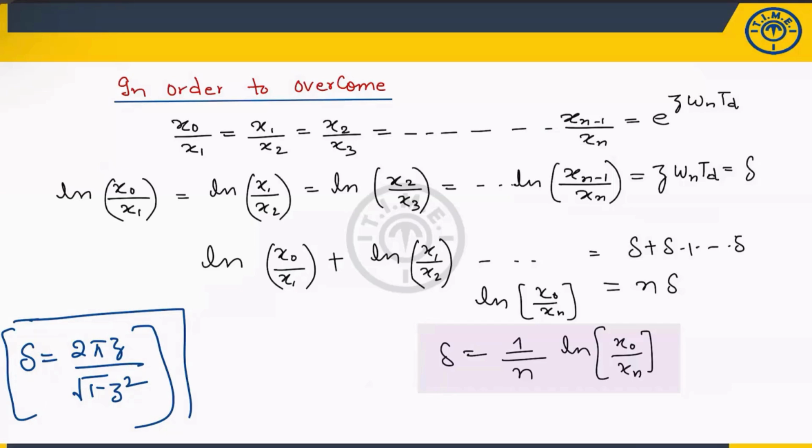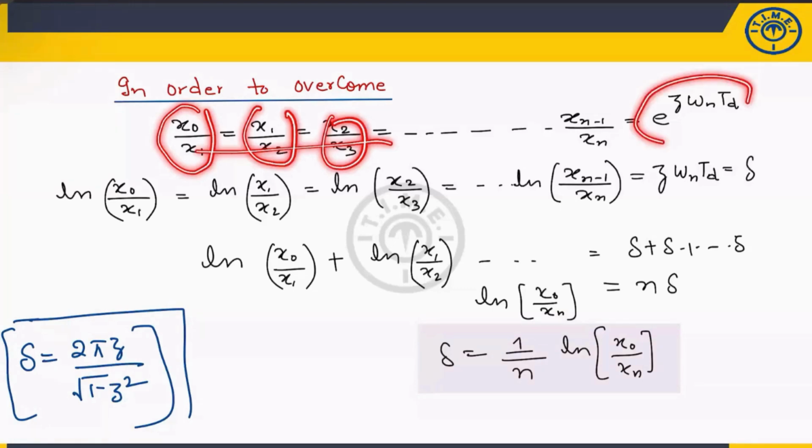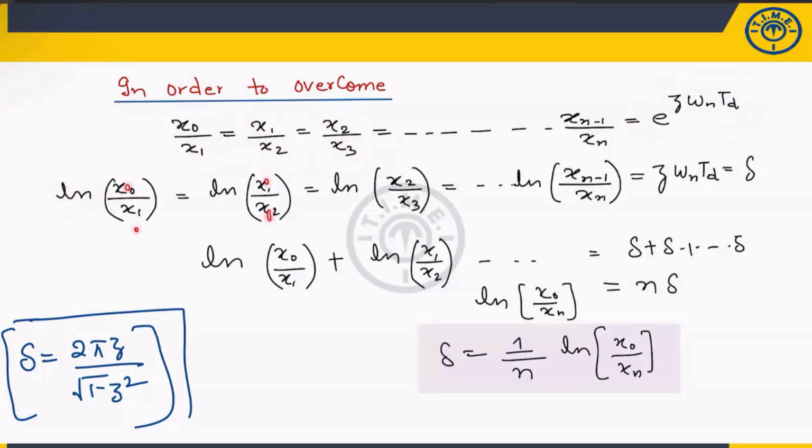Next thing is, if you want to calculate the logarithmic decrement in terms of the nth cycle. So I have summarized this: x0 by x1, x1 by x2, all these ratios are equal. If you take the logarithmic value, x0 by x1, again it will be equal. So can I write this is nothing but zeta omega n Td? I have denoted it with delta, which is nothing but the logarithmic decrement.